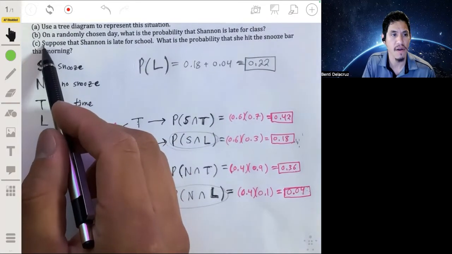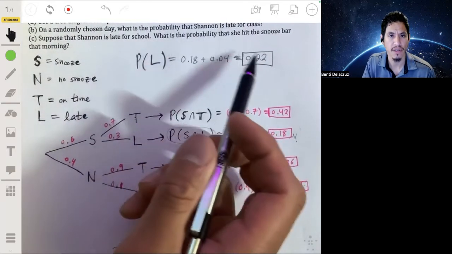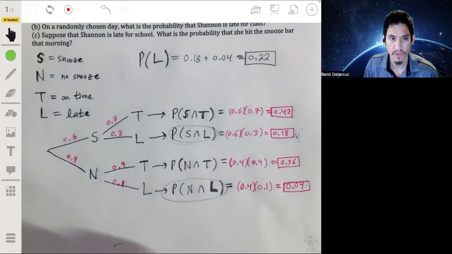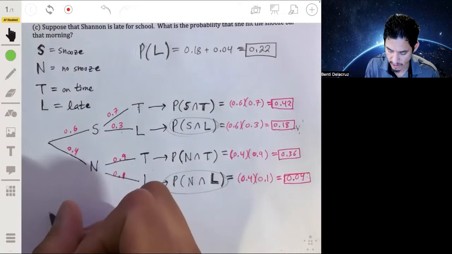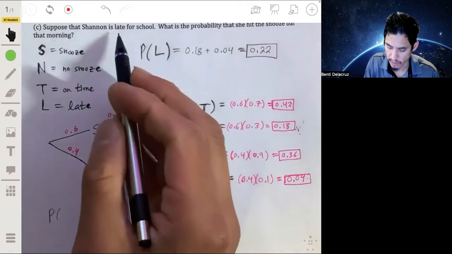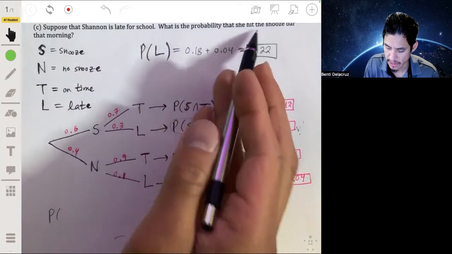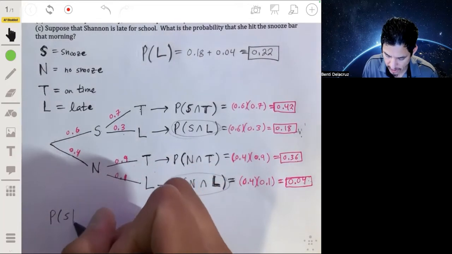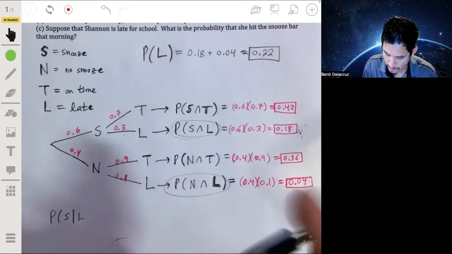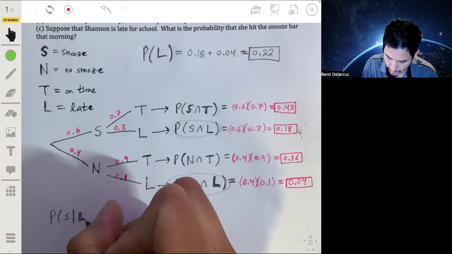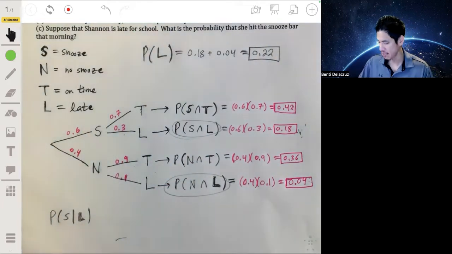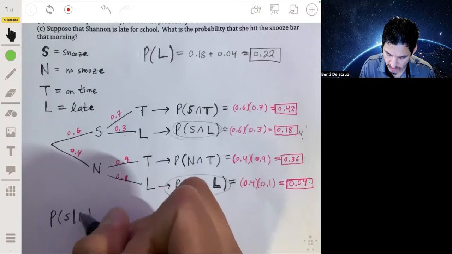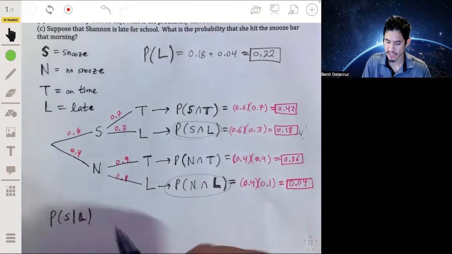Okay, now part C. Suppose she's late for school. What's the probability she hit the snooze bar that morning? Okay, so here we got a conditional probability. What's the probability she hit the snooze given that she's late?